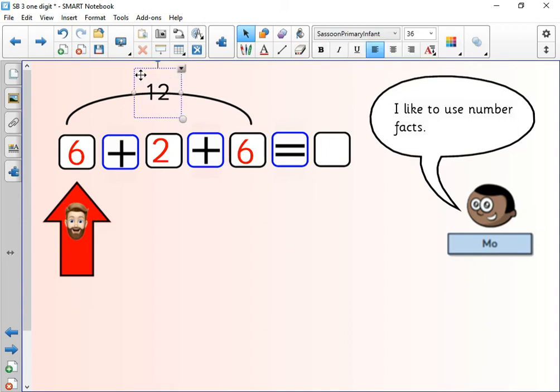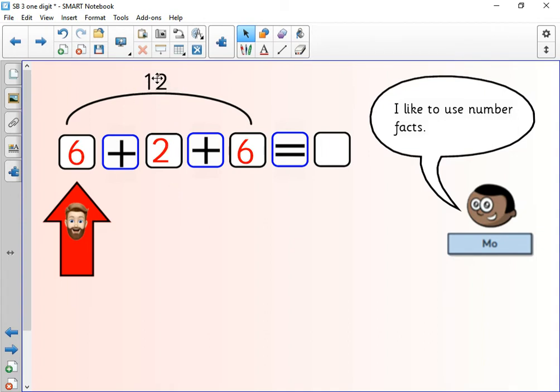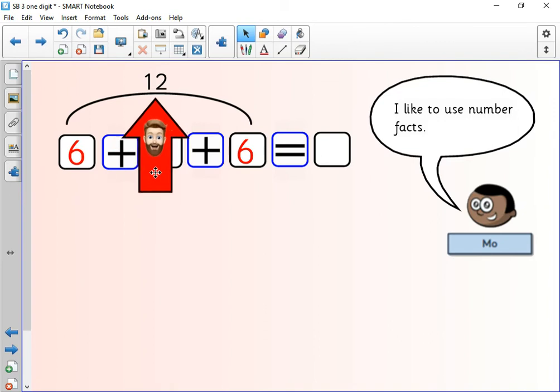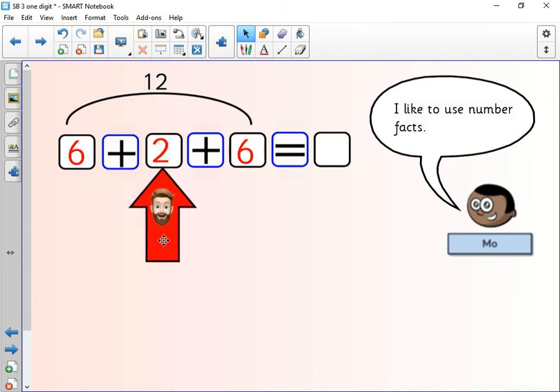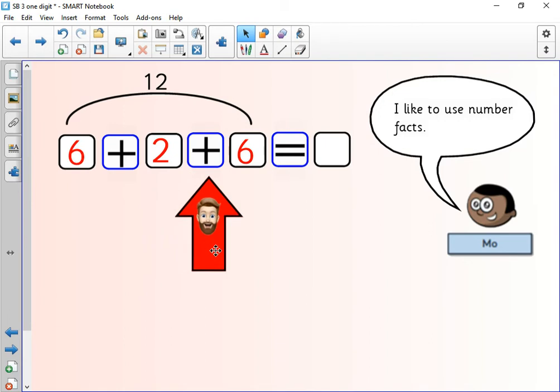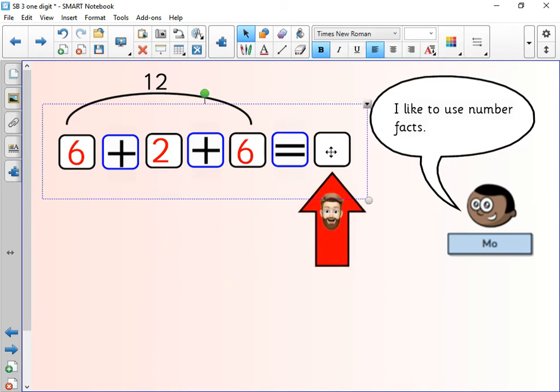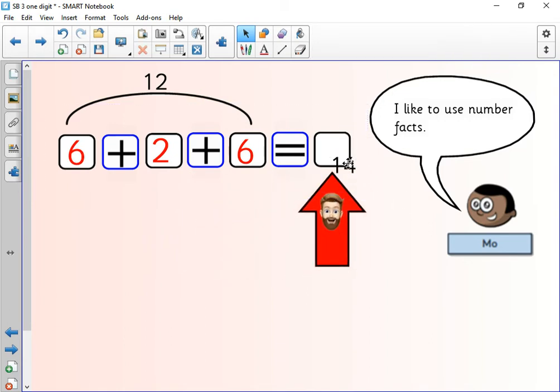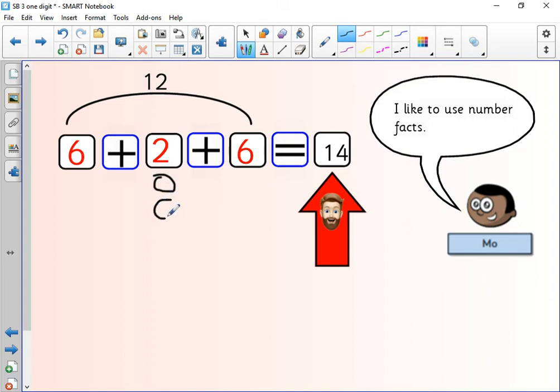Mo does. It's 12. So he's used a number fact to add those two numbers. Now we need to add 2 more. So 12 and 2. How many altogether? That's right, 14. Now again, he could have drawn 2 counters there to help him. 12, 13, 14. But we're trying not to use counters too much today.